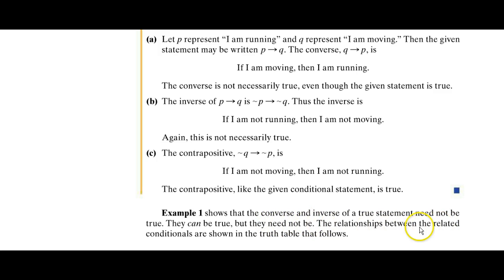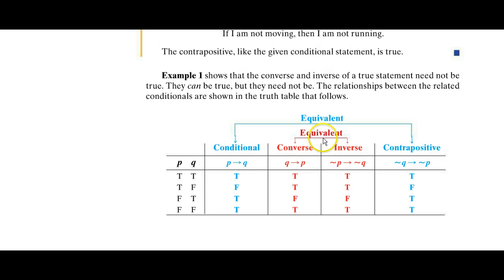The relationship between the related conditionals are shown in the truth table that follows. I'm not going to read all of the items, but you can use this as a reference. But let's look at the letters here.